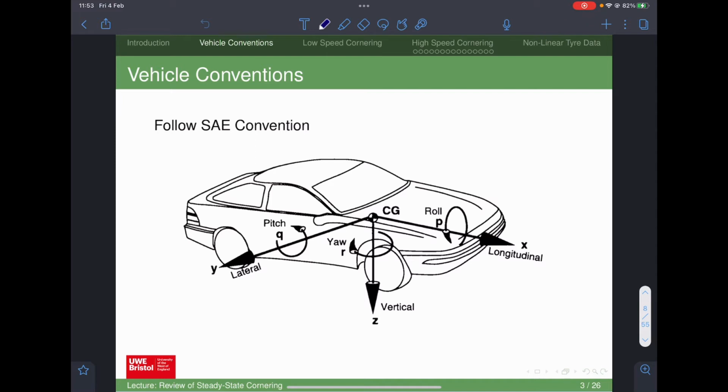You'll become more familiar with terms like heave and body bounce, and they're all associated with these different axes. Those are the definitions set out by the SAE, and generally that's pretty much what everybody follows, though it can vary depending on what different companies follow.